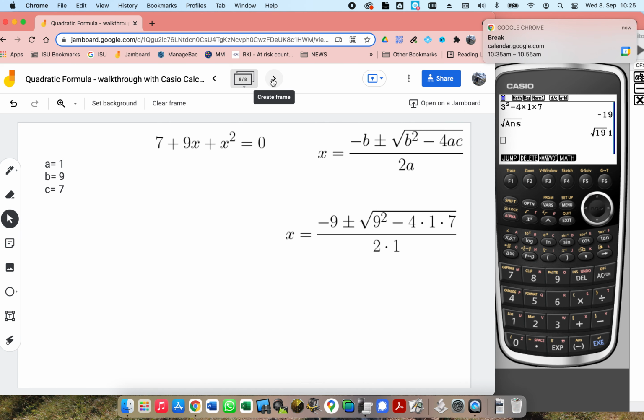And then this one, if you want to do this on your own, I've just made it a bit more confusing. A is not always the first number. B is not always the second number. They can be mixed up. So A here is equal to 1, B is 9, C is 7. So if you solve this one, you would get the two solutions.